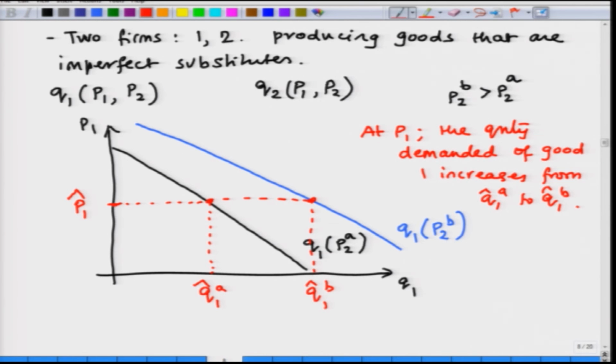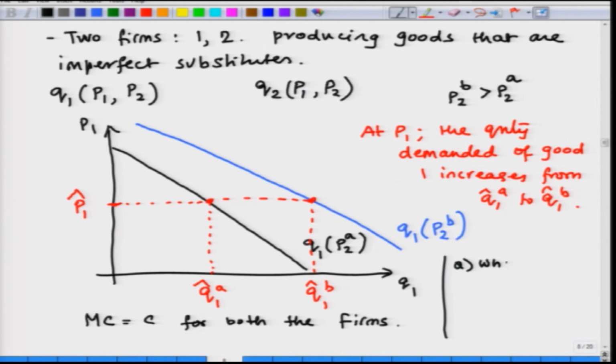As before, let us assume that the two firms have identical marginal cost. So, the marginal cost is C for both the firms. The question that we want to ask is, what are the Nash equilibrium prices?